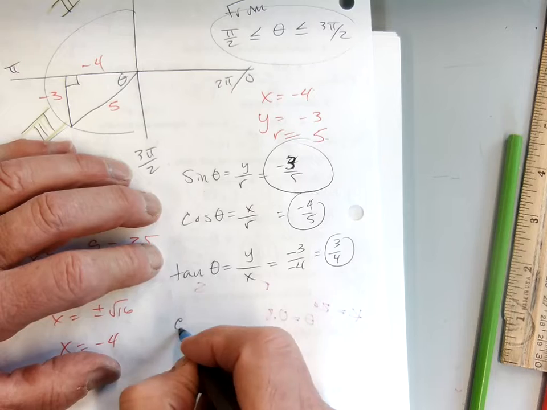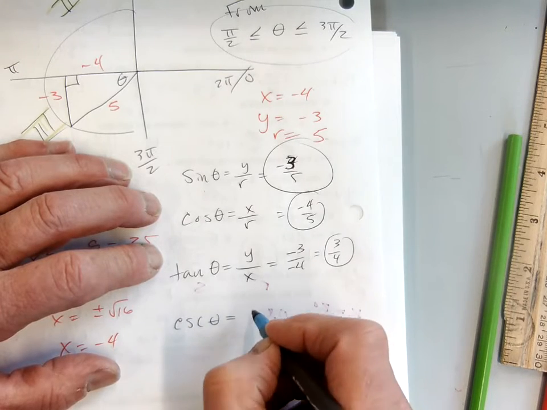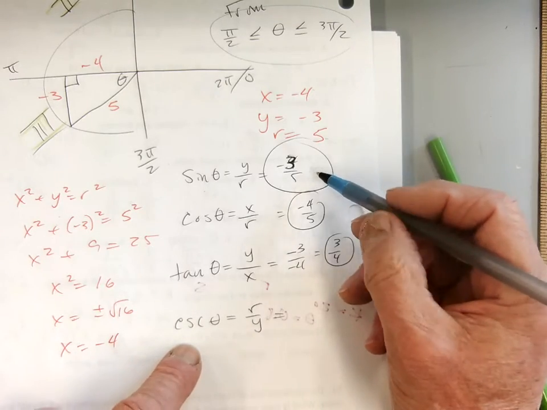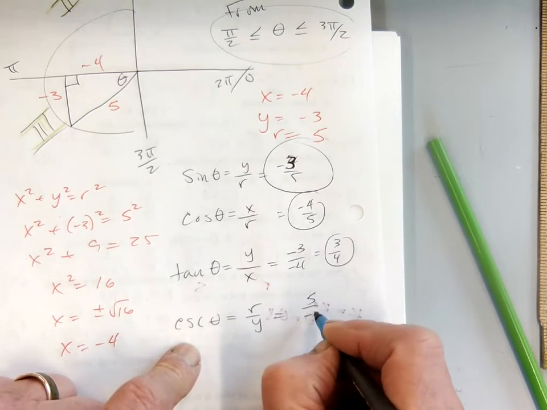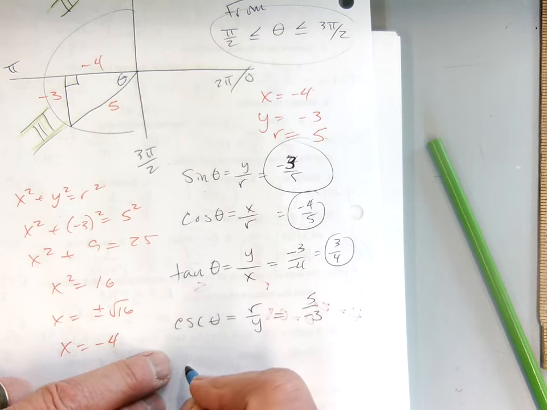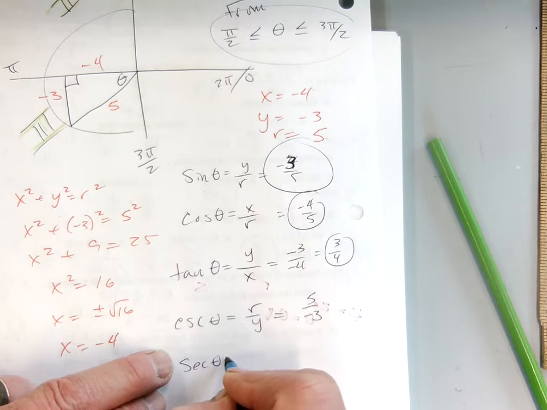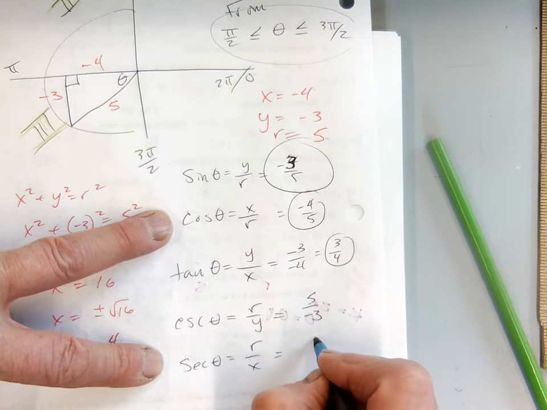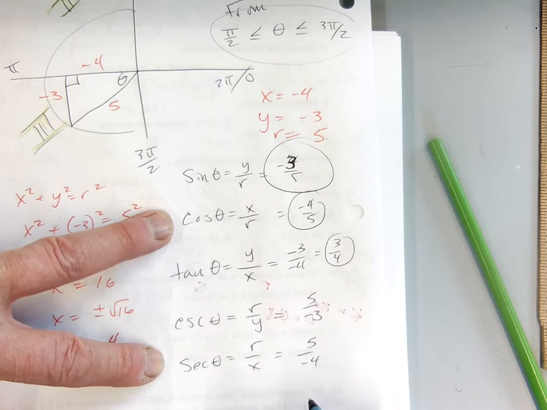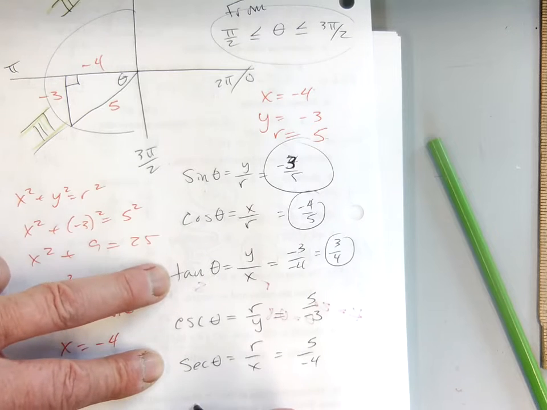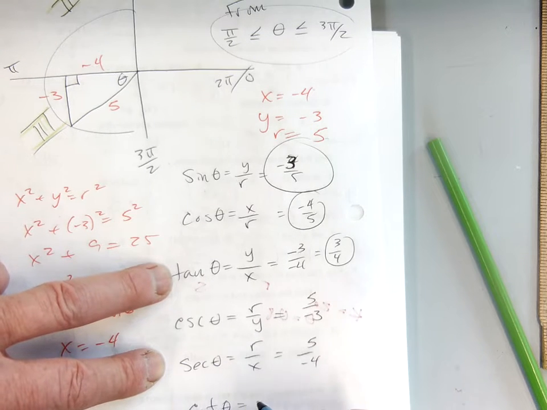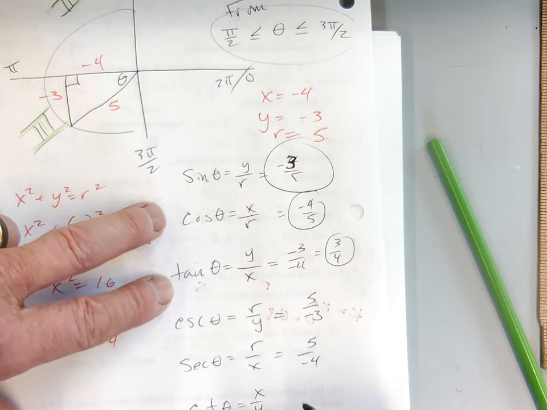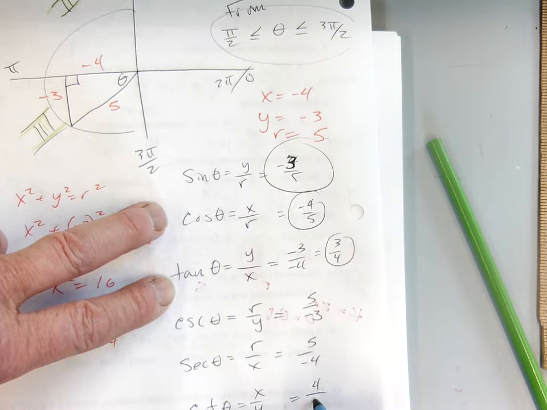My cosecant of theta is my r over my y, the reciprocal of sine, 5 over negative 3. My secant is the reciprocal of cosine, r over x, which is 5 over negative 4. And my cotangent, x over y, the reciprocal of tangent, is going to be 4 over 3.